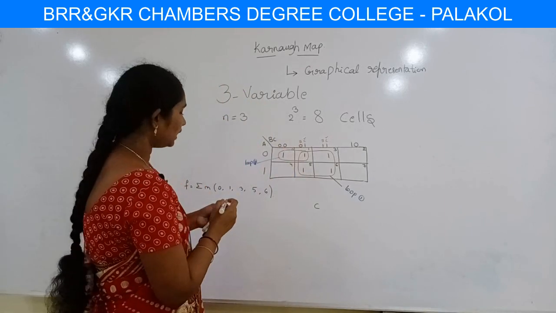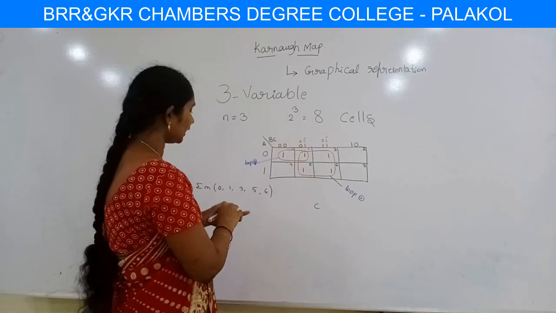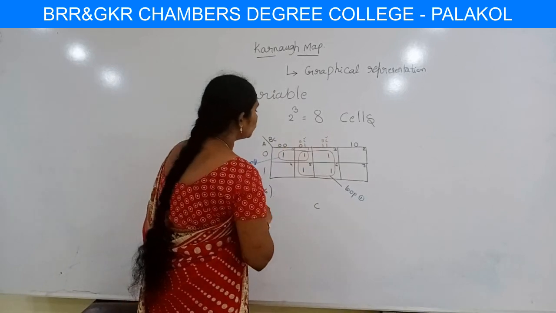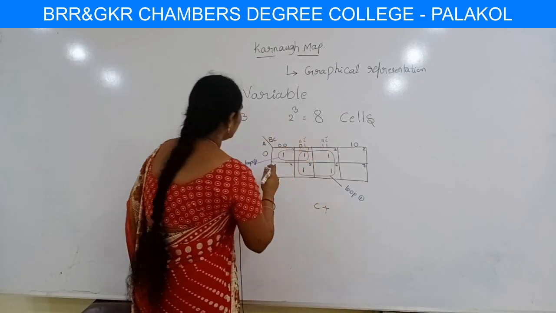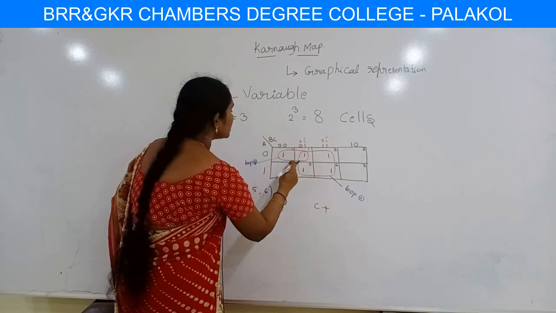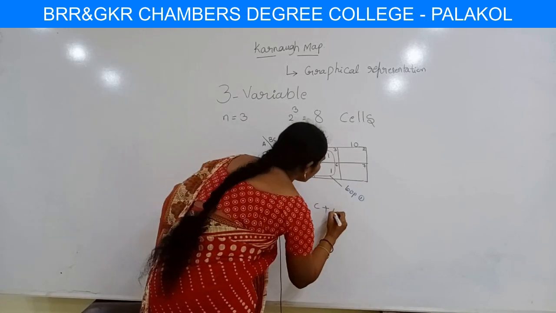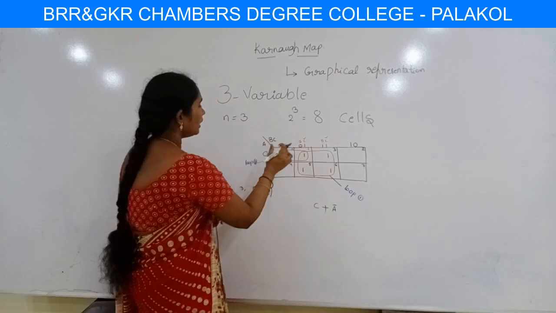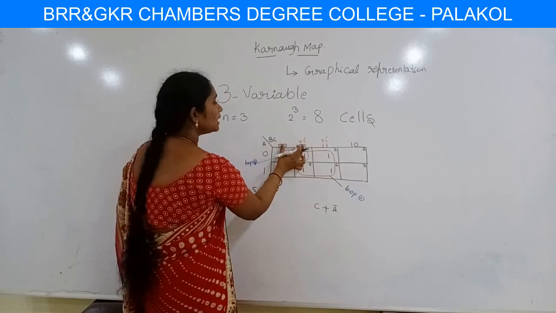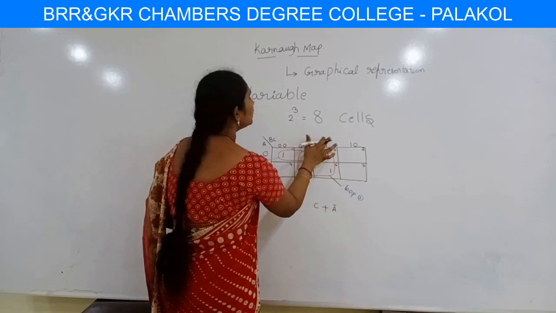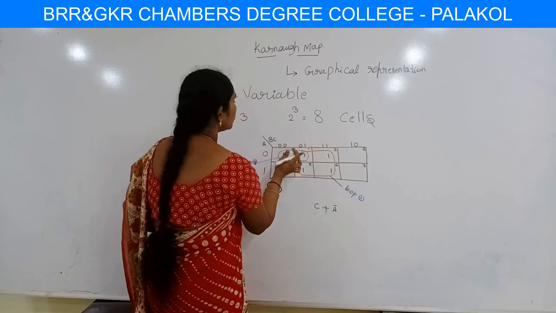Okay. And after that the second loop is, where is the second loop? So here the second loop is, we consider only this number, that is A bar. Okay, and after that we will consider these two numbers.